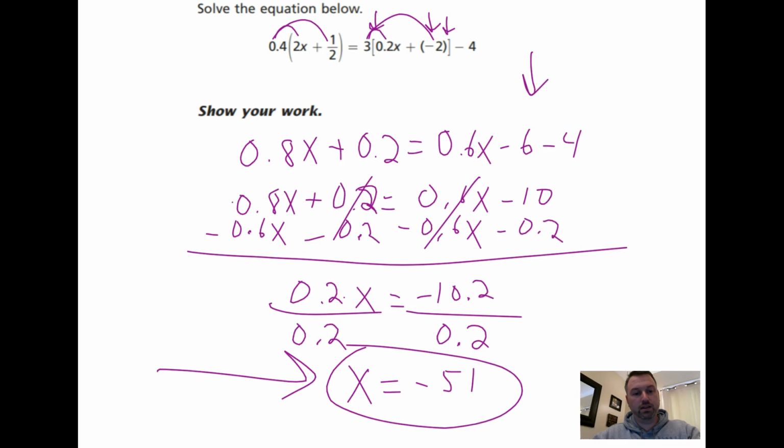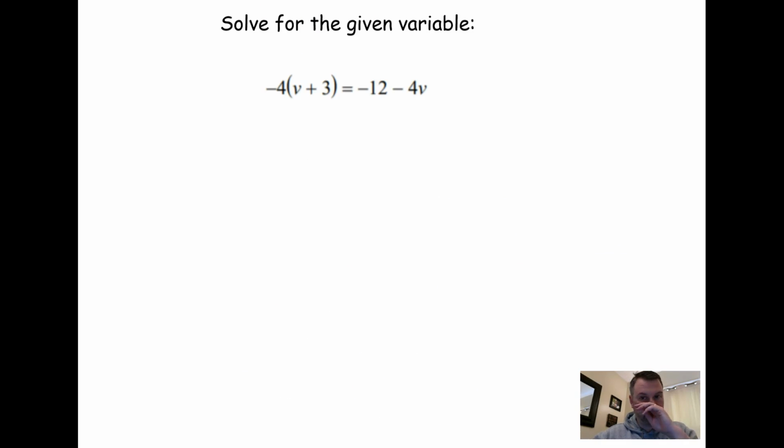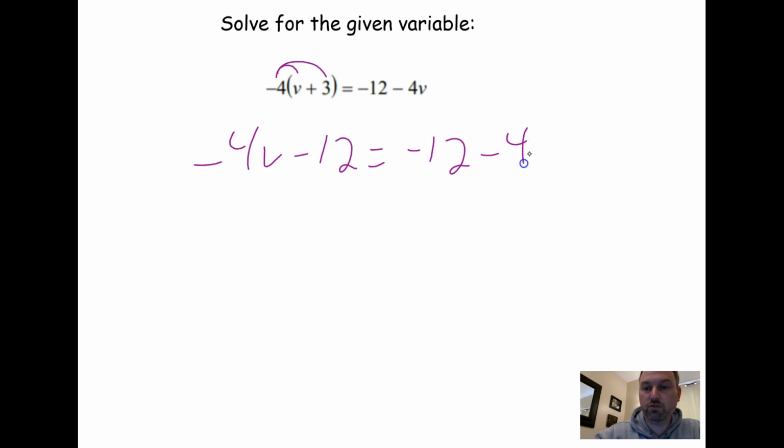Okay, one more. Solve for the given variable. Once again, distribute. Negative 4v minus 12 equals negative 12 minus 4v. You should recognize that it looks pretty similar on either side of the equation.